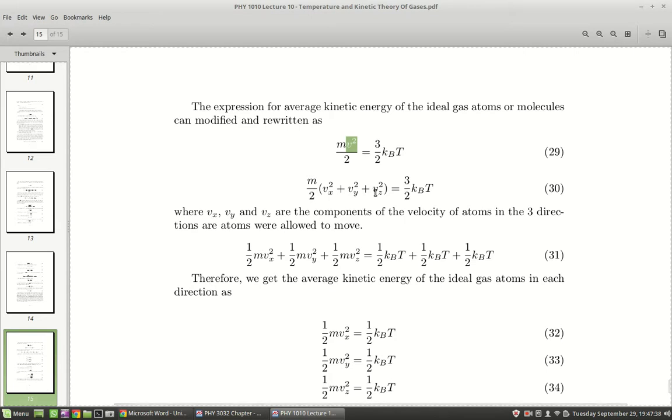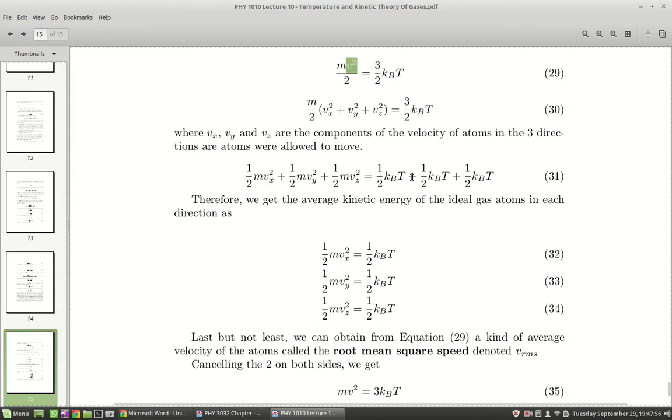Then we expand, and we end up having half mvx squared plus half mvy squared plus half mvz squared, which equals, since there's a 3 there, half kbT plus half kbT plus half kbT.